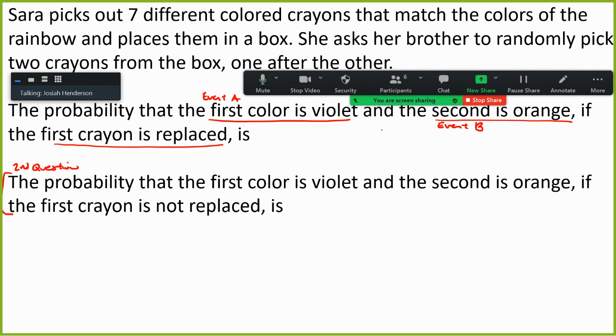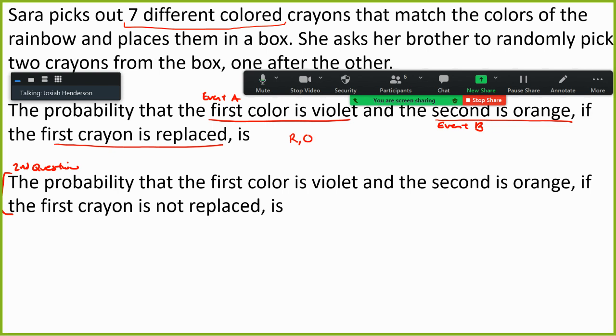So for our first question, what are the total outcomes? It says that there's 7 crayons and they're all the colors of the rainbow. Just to be clear, what's in this bag that we're randomly pulling out of? There's Roy G. Biv, that's how I remember the colors of the rainbow.